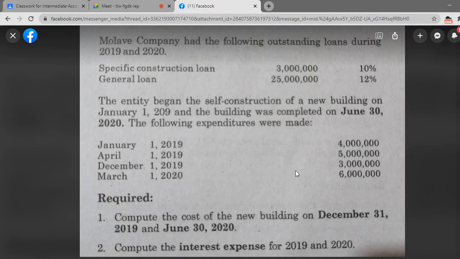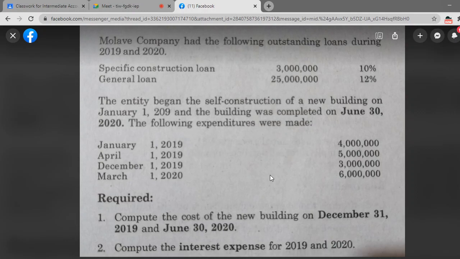Mulave Company is almost the same with Shangri-La. Kaya nga lang, like I mentioned, na more than 1 year. So, how do we account or how do we compute for the borrowing cost and even for the interest expense or eventually for the cost of the new building if the construction lasted for more than 1 year?